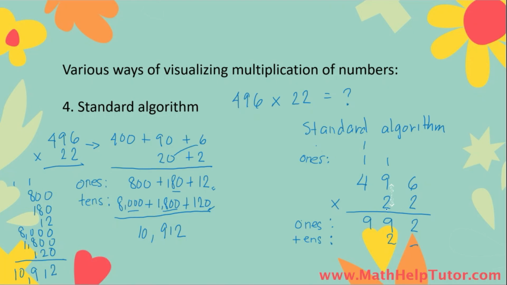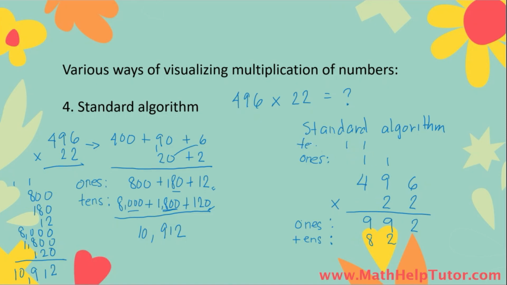Now let's do 9 times 2. Now 9 times 2 is 18. Now 9 times 2 is actually 90 times 20, which is supposed to be 1,800. So instead of writing 1,800 over here, we just disregard the 2 zeros, leave 8, which is the first digit of the result of 9 times 2, and then we carry over the digit to its left on top of the space where it's supposed to be so that we can remember that there's a carryover of 1.